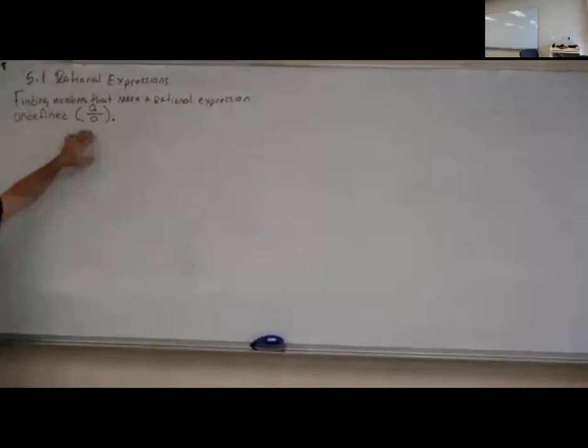Remember, what makes a fraction undefined is if you get a 0 in that denominator, okay? So to find those numbers that make the rational expression undefined, we're going to take the denominator, just like y'all did on my test 1.